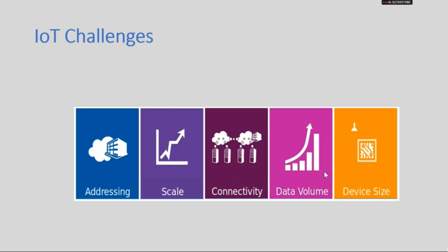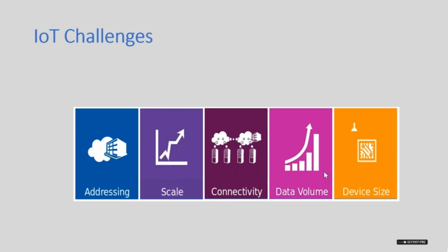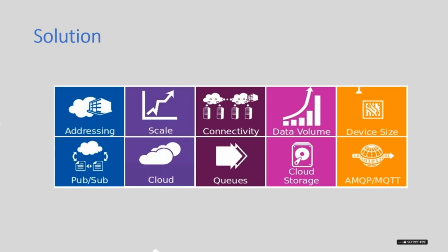But nowadays it's not like that. Then data volume and device size. Because of IoT, devices or embedded systems are supposed to be small in size because they may be mobile or portable. So again, it is challenging to IoT.